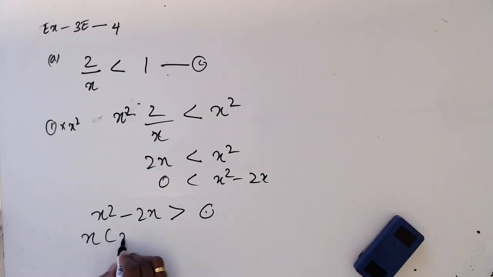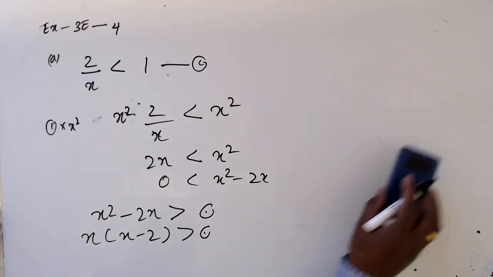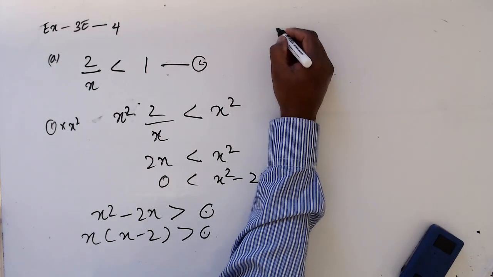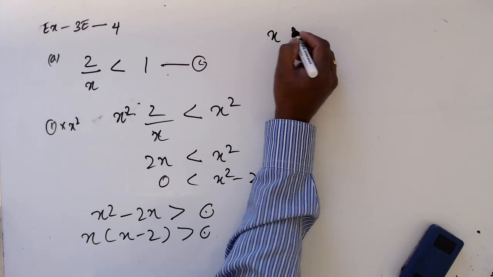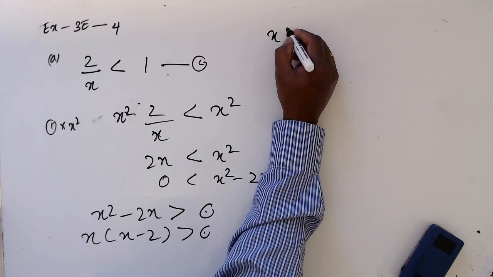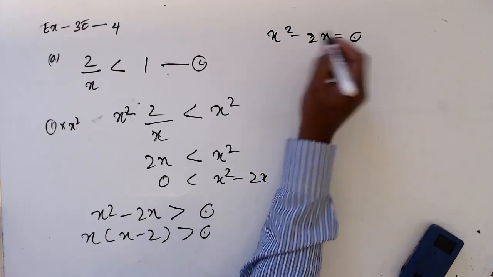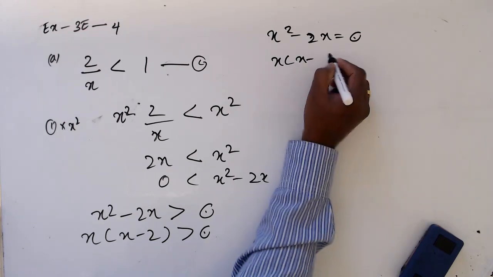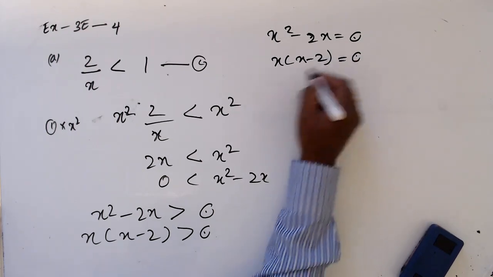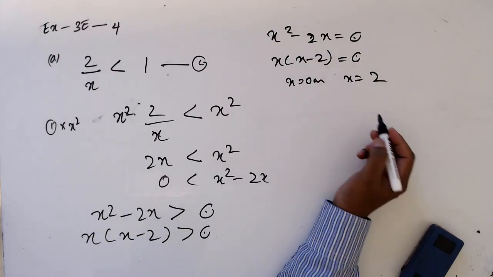I can factorize: x times x minus 2 greater than 0. So we have a discussion now. x square minus 2x equals 0, x times x minus 2 equals 0, x equals 0 or x equals 2.